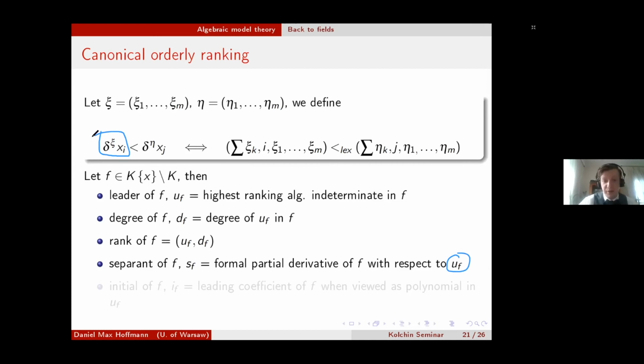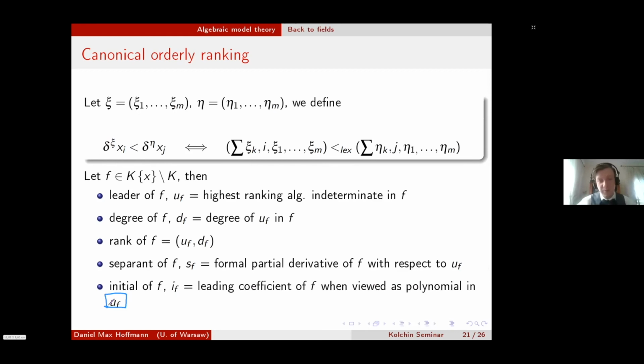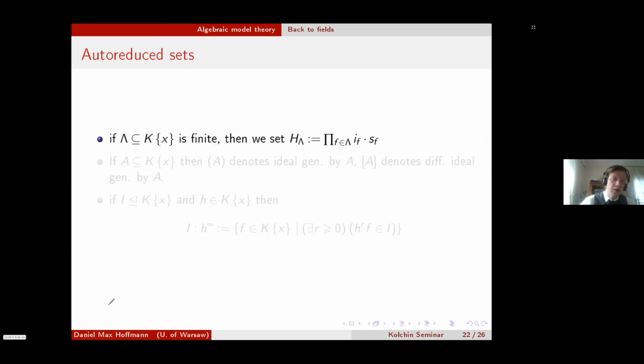And that will be the separand. And the initial of F, IF, that's the leading coefficient of F when we view it as a polynomial in UF, right? So again, we just have some ordering on my algebraic indeterminates, and with respect to this ordering, I'm defining this stuff, which I think is standard.